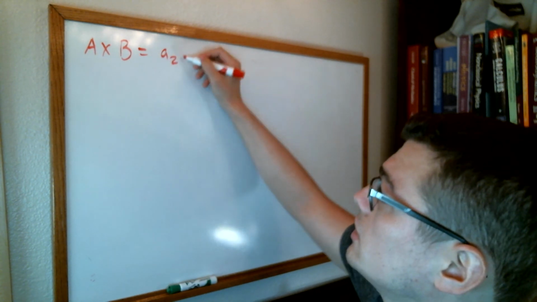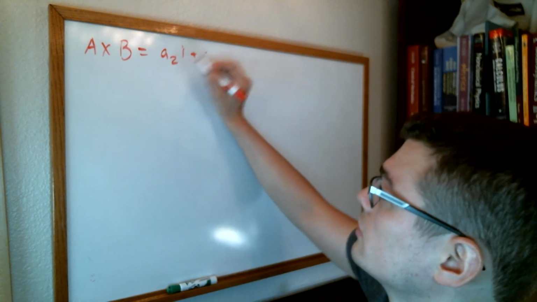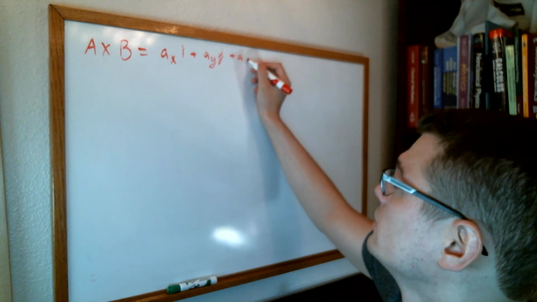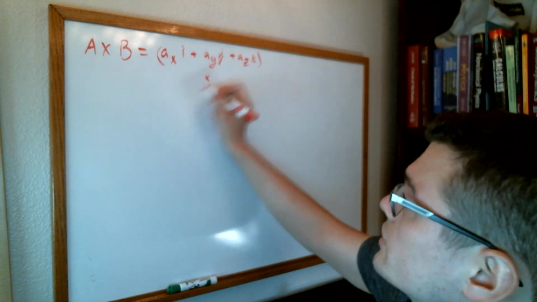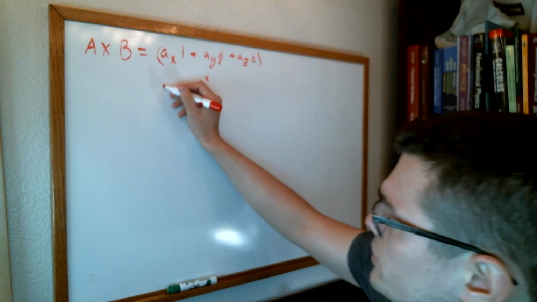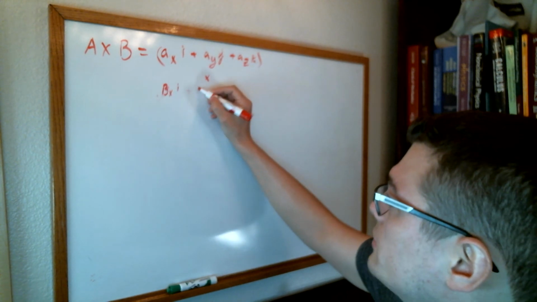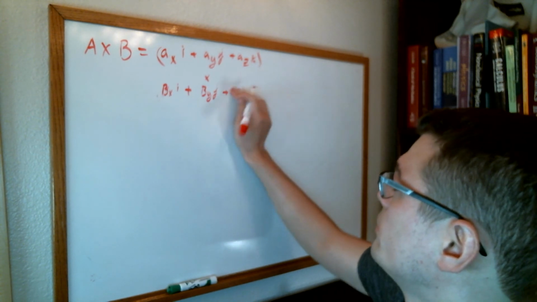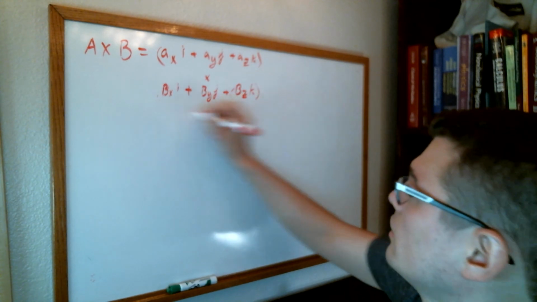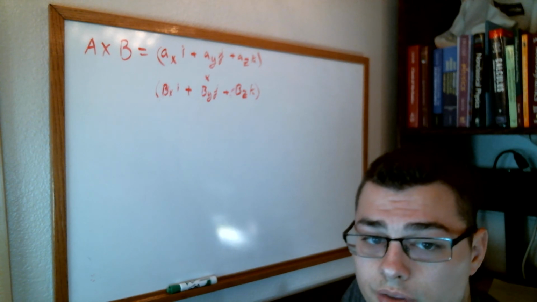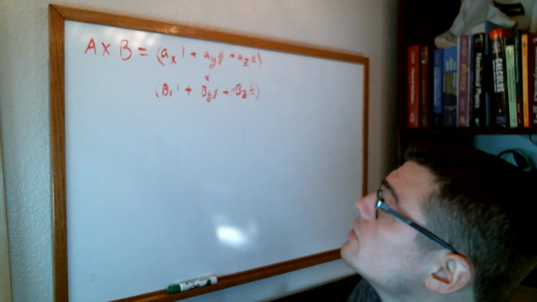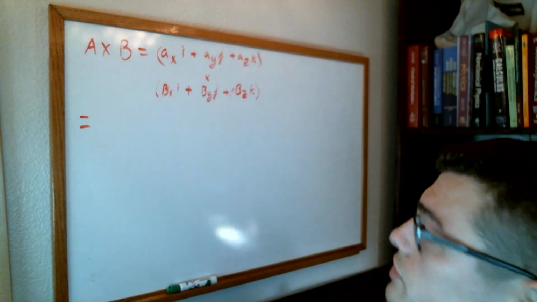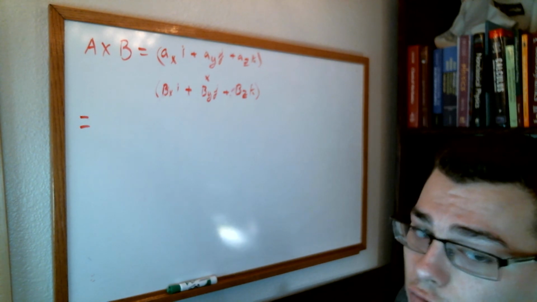So we have AX I plus AY J plus AZ K, and we are crossing this with BX I plus BY J plus BZ K. Now all we have to do is FOIL in order to get this formula. There is a general formula, and we will arrive at it very soon. We just need to FOIL all these terms and then use our cross product identities that we just had in order to find our general formula, because things will cancel.